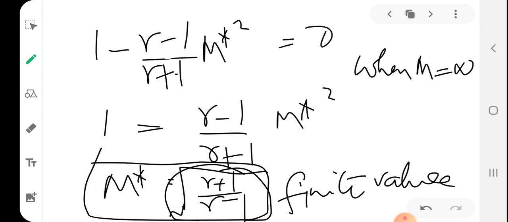Wherever the Mach number is approaching infinity, if you use M star instead of Mach, you won't encounter such problems of approaching infinite values. So that is the advantage of using M star as a reference number.